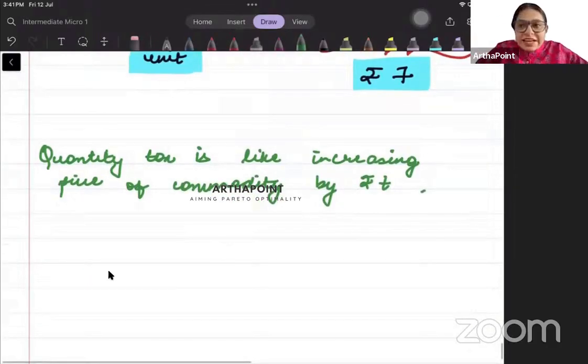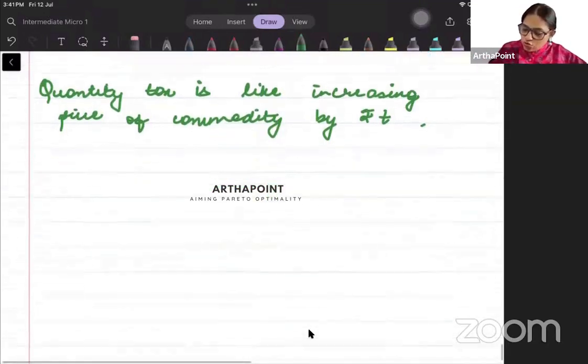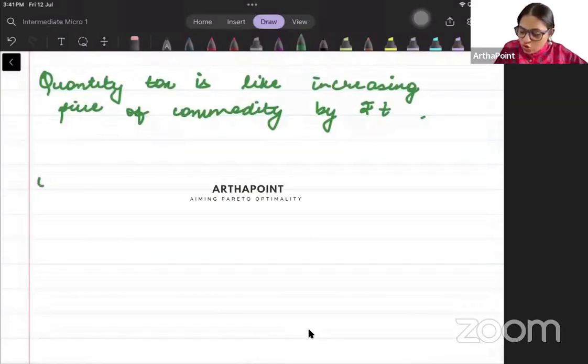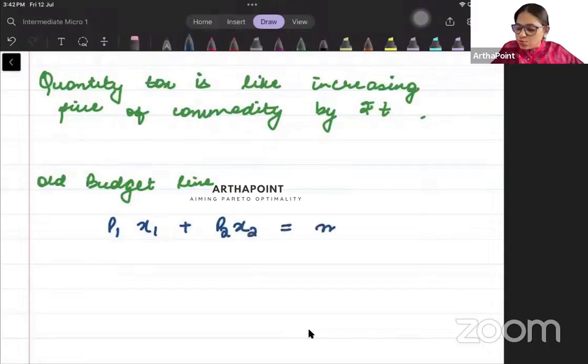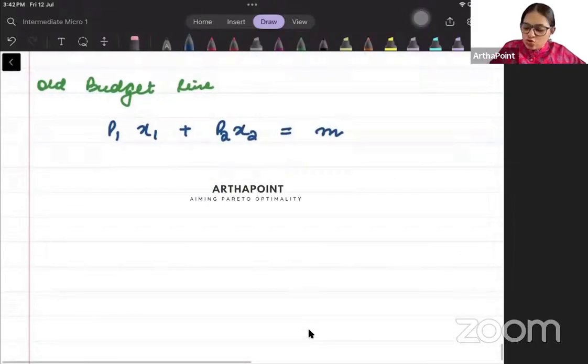I have increased the price of the commodity. मेरा commodity का जो price है that has increased by how much बच्चे? By T rupees. So what is your old budget line, beta? It is P1 X1 plus P2 X2 is equal to income of consumer.